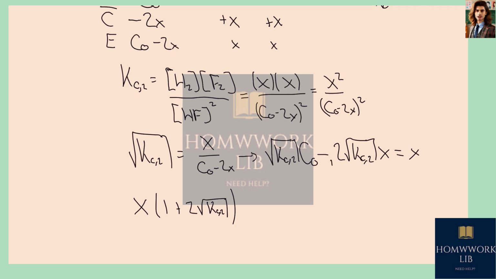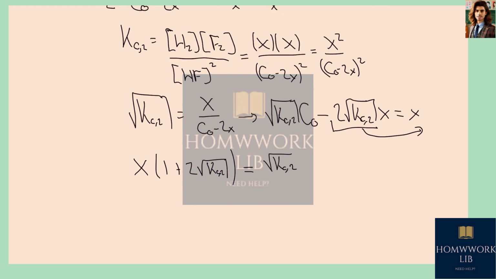Factorizing, I transfer this to the right hand side and factorize. This is going to be equal to the square root of Kc2. Finally, the value for x is going to be equal to square root Kc2 divided by 1 plus 2 times the square root of Kc2.